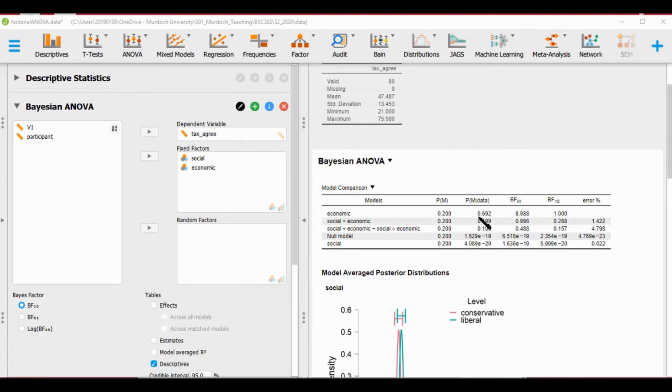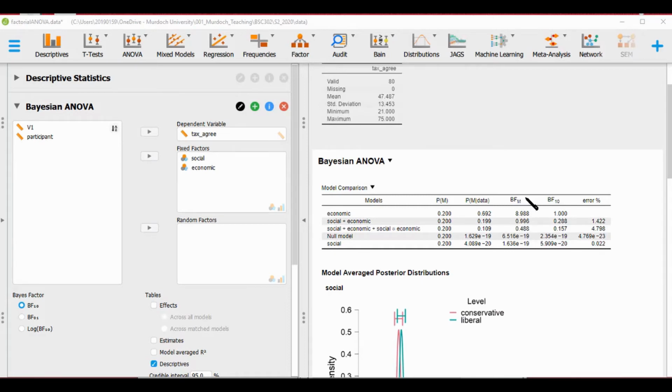So the posterior odds for the economic model is 0.692 divided by 0.308. And BFM is the posterior odds divided by the prior odds, and that's 8.988. The same applies for all the other models.